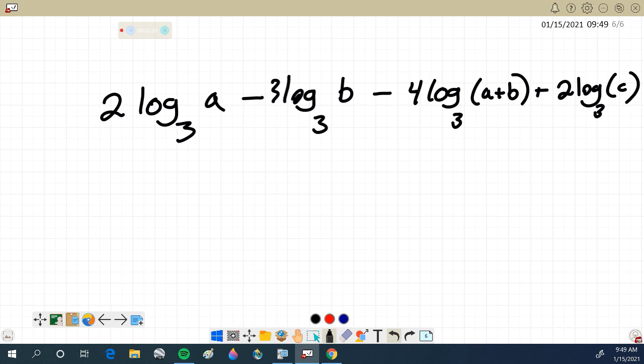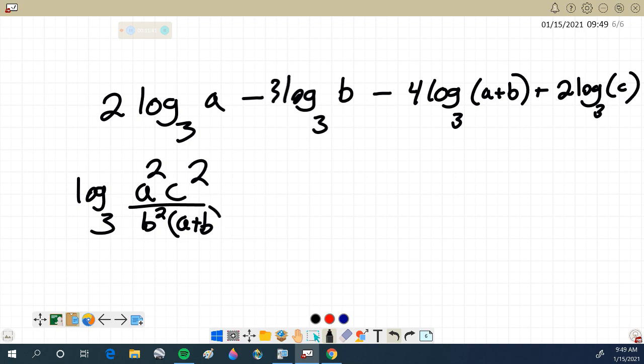Yes, they're all 3s. And the order is kind of mixed up, but that doesn't matter. Everything positive goes in the numerator. Everything negative goes in the denominator. So log base 3 of a squared c squared over b squared times a plus b, oh, wait, b to the 3rd. Sorry. A plus b to the 4th.